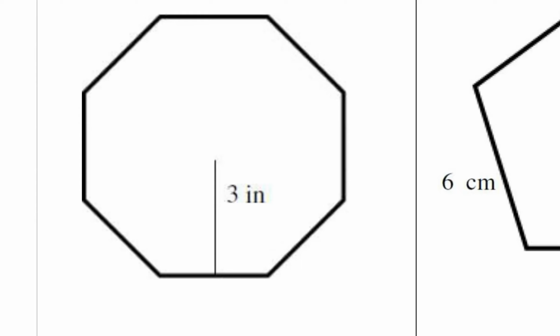You may be given this piece that goes from the center down to the middle of an edge, and that one is called the apothem, A-P-O-T-H-E-M. That's just the name for that particular segment.